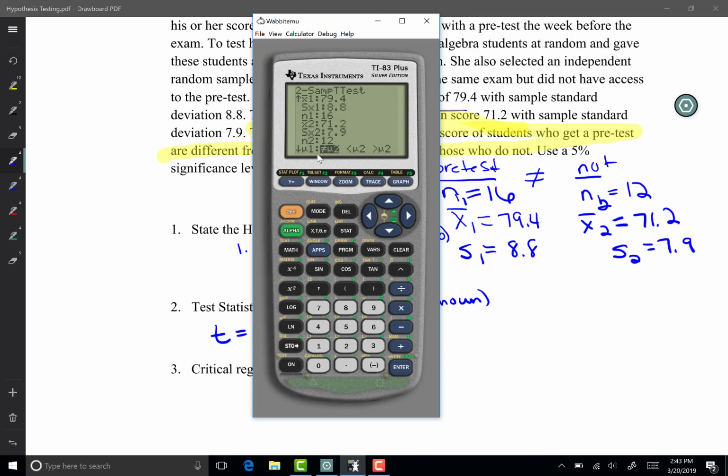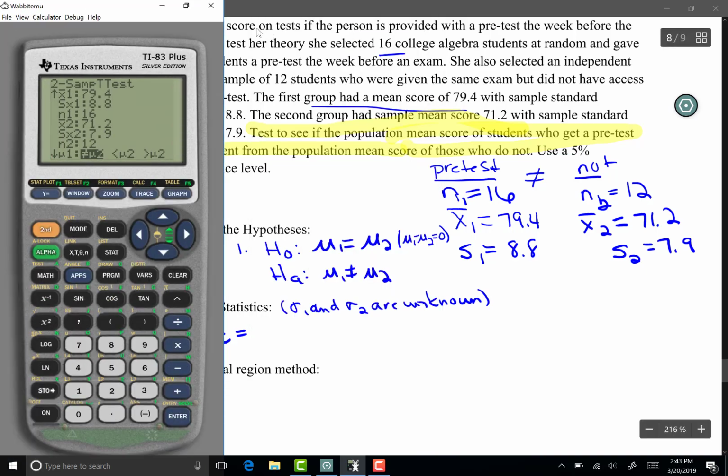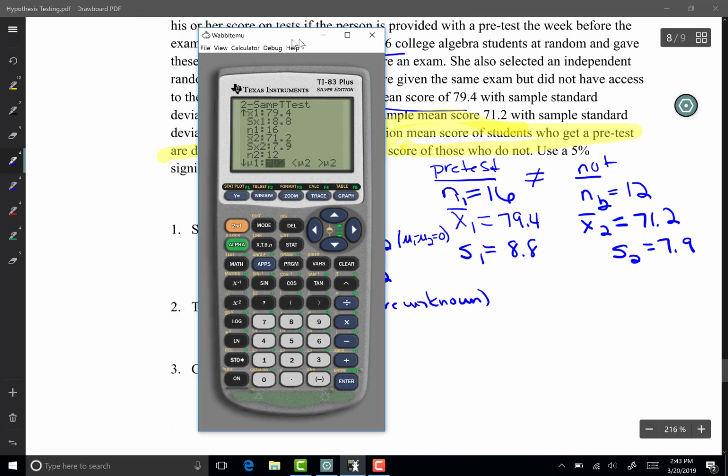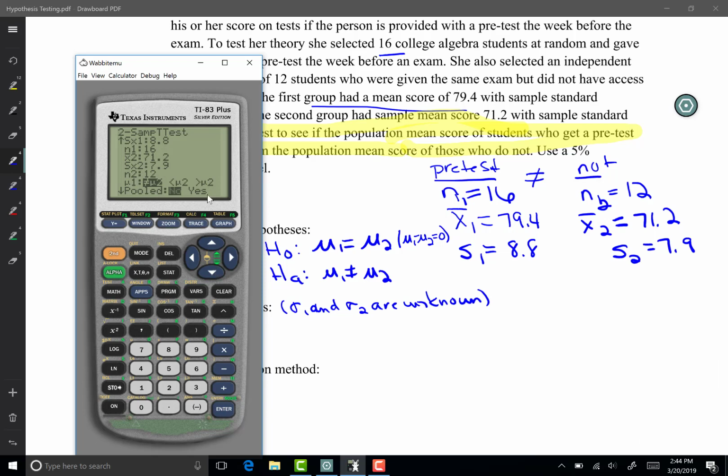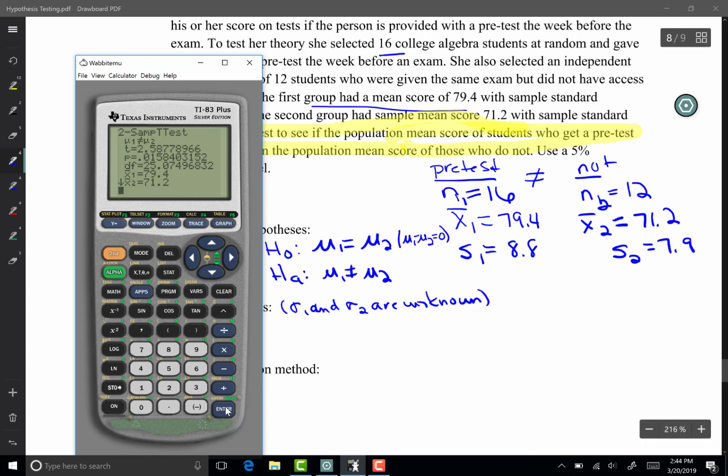This is just what I'm doing with the alternative. Sorry about that. My alternative here is that mu1 is not equal to mu2, so I'm going to select that one. Do I pool them or not? If we assume the standard deviations are equal, we can pool them. This is similar to what we did with confidence intervals. We're going to assume they're not equal, and we're going to calculate. So I get a t-test statistic of 2.59.